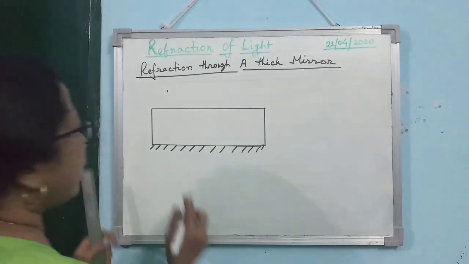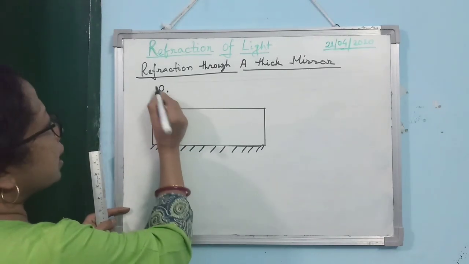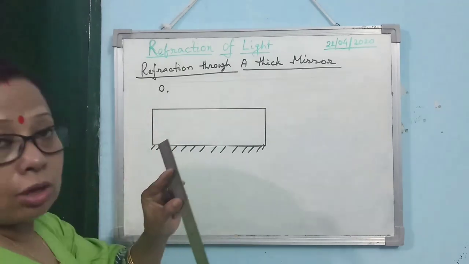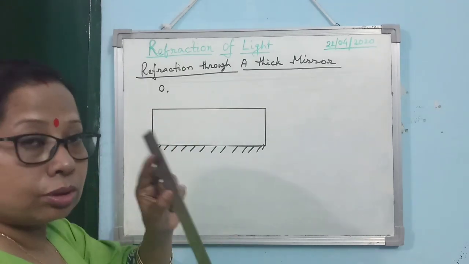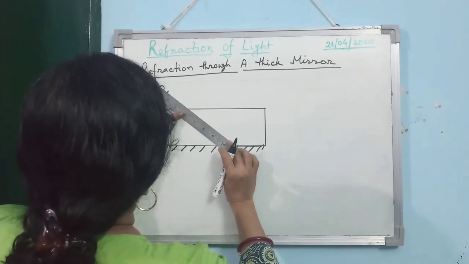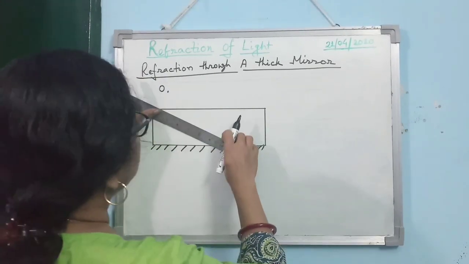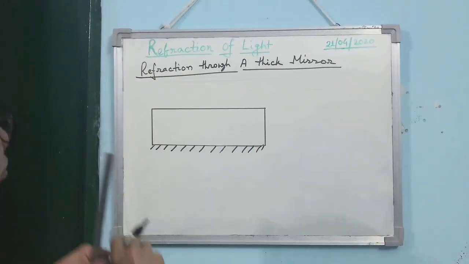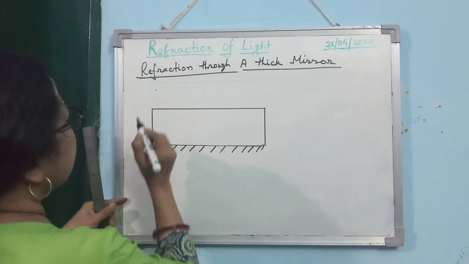Okay, so let us draw the diagram. So suppose O is a point object you have placed in front of the mirror. You follow how I am drawing the diagram and you too should do the same. So let us consider that light ray, first please, it is better to take the object this side.